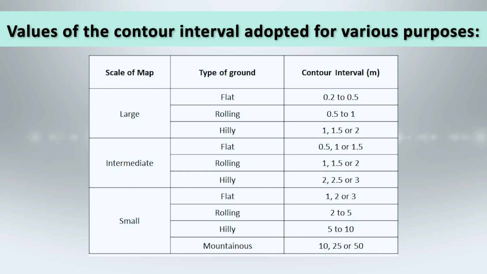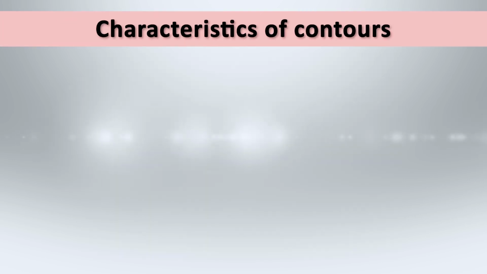For reservoir and town planning schemes, it is 0.5 to 2 meters. For location surveys, it is 2 to 3 meters. And for small scale maps of broken country and general topographical work, it is 3 meters, 5 meters, 10 meters or 25 meters.